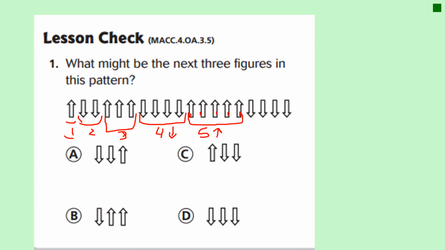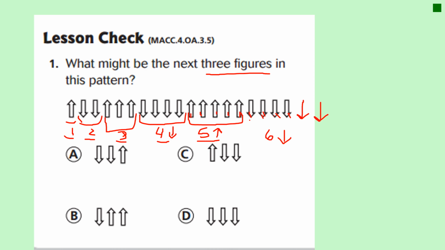We have 1 up, 2 down, 3 up, 4 down, 5 up, 6 down. Okay, so let's see what they have given us here. 1, 2, 3, 4. Aha. So the next 3 arrows, 1, 2, 3, 4, 5, 6.